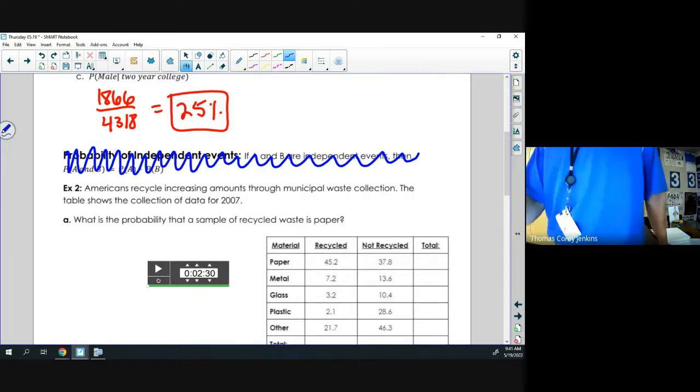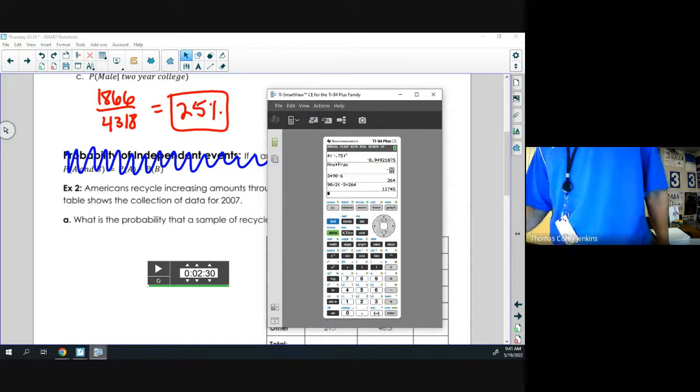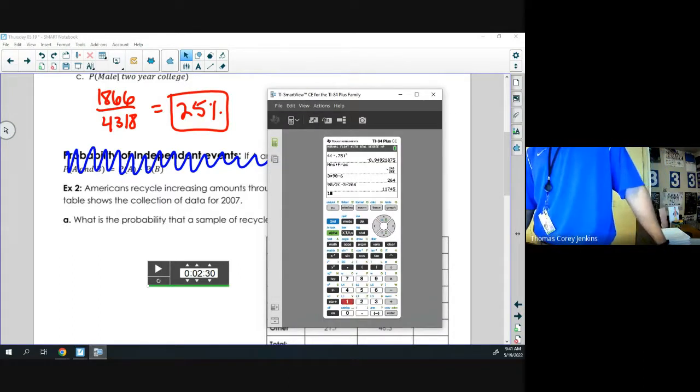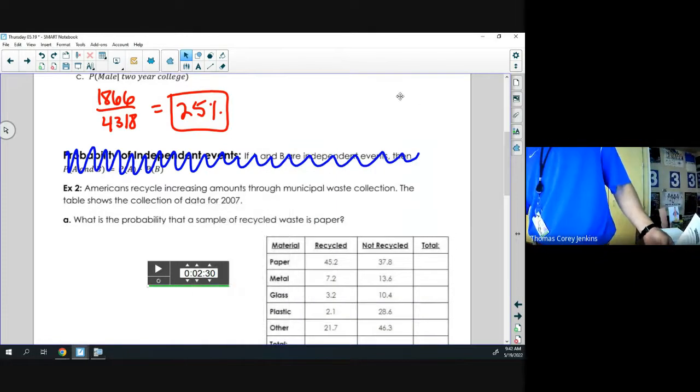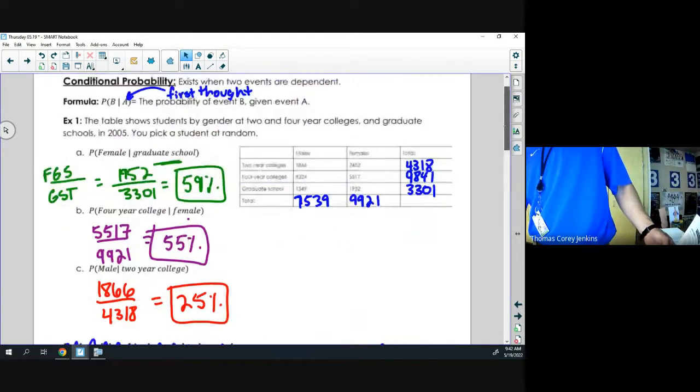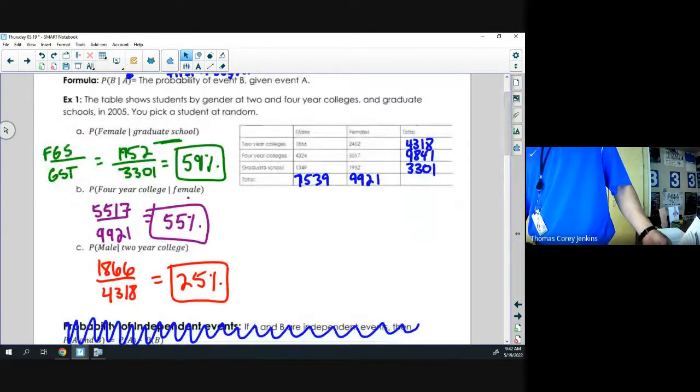Is that wrong? Let's see. It might be wrong. I'm just copying some pre-made notes, so we'll want to get that correct on the notes. So 1866. Oh, we did the wrong denominator. That's what we did, didn't we? Oh, on the notes they did the wrong one. Yeah. So on the notes.